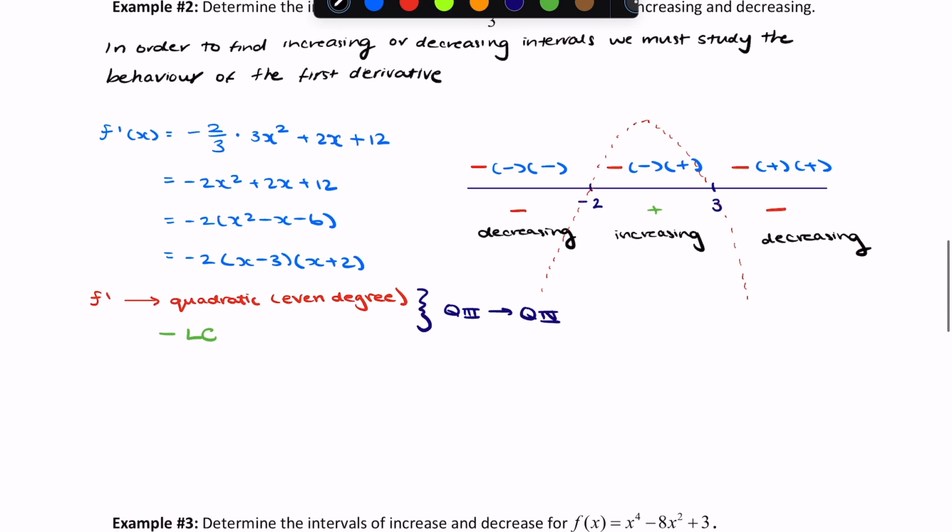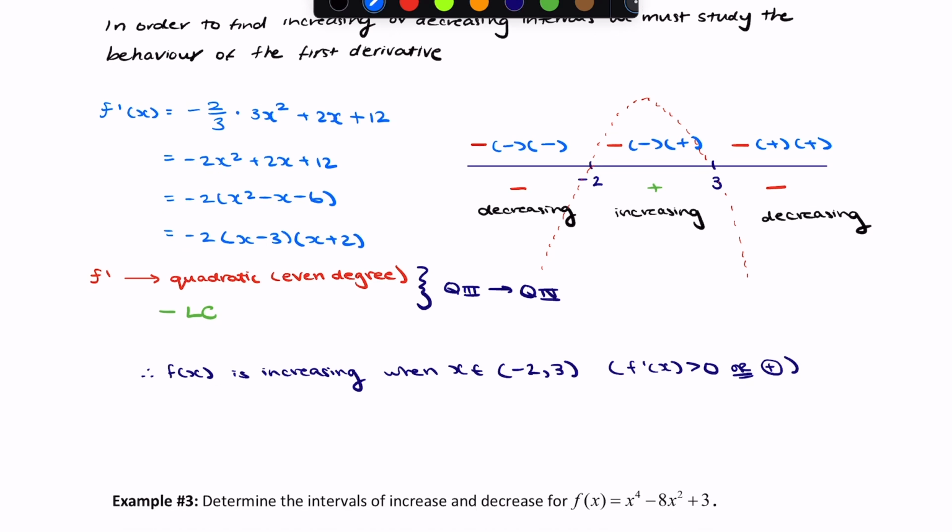So again, here we'll determine the intervals. We can write, therefore, f of x is increasing when x is between negative 2 and 3. And this is again when f prime of x is greater than 0, or positive.